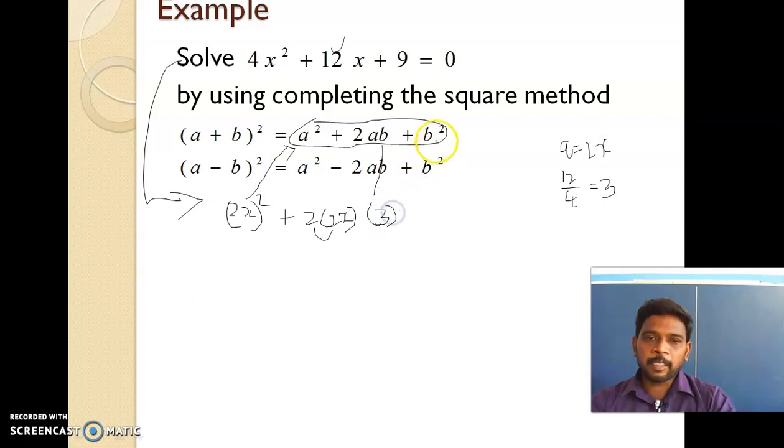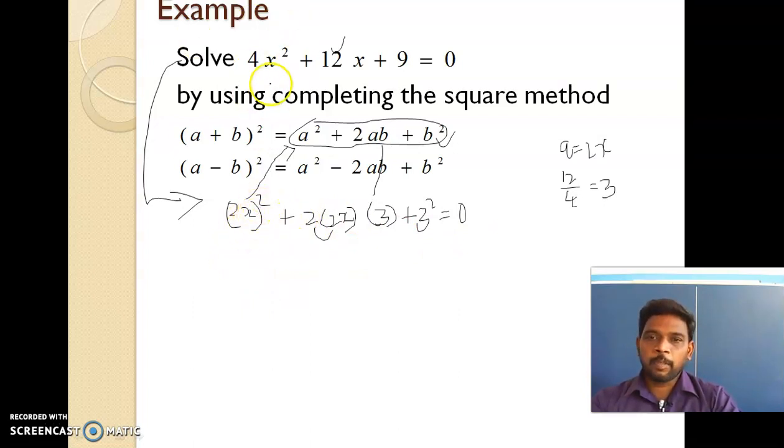So in the formula next b square is there, so plus b square means 3 square, and in the expression also 3 square is there, so here plus 3 square equal to 0, right? So we can write this one now. After the expression, check whether it is the form of this one or not.